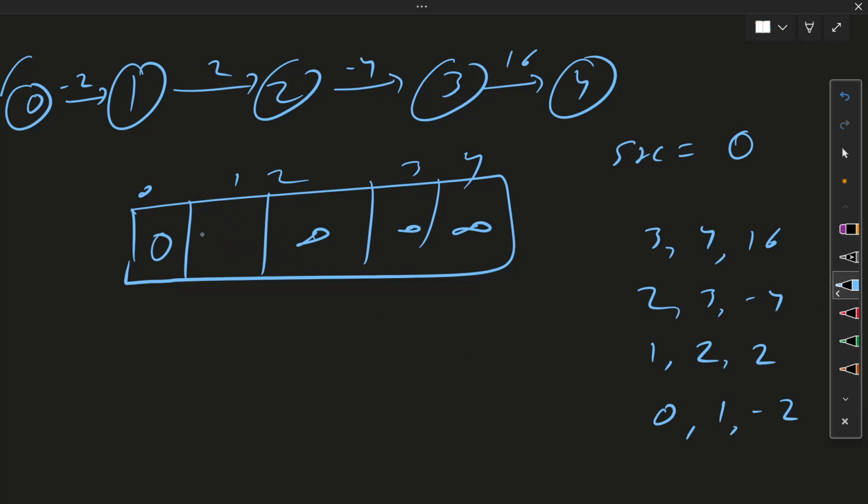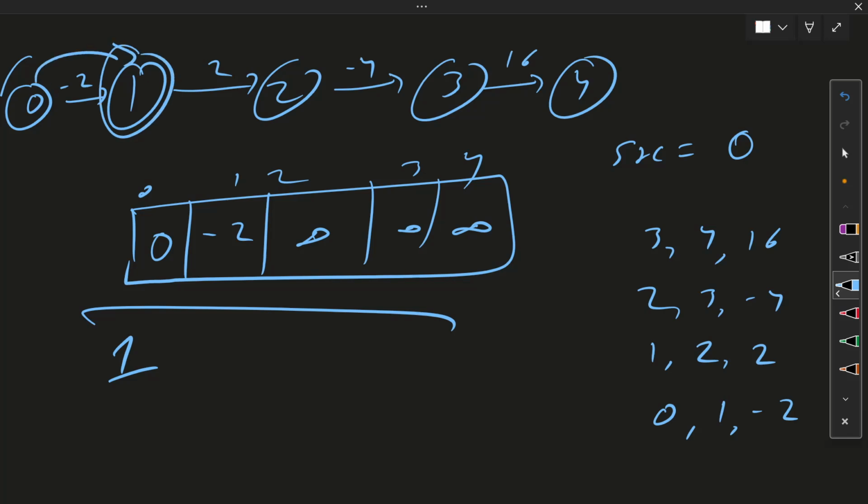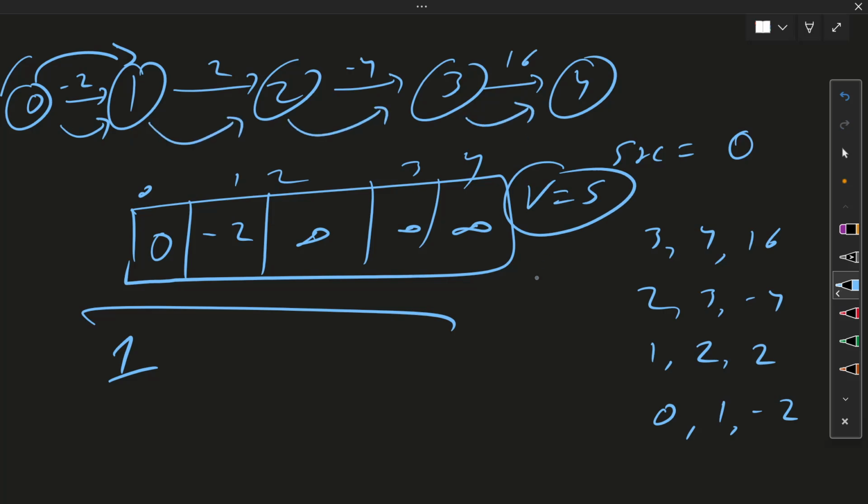Until now we have done one iteration, and we have just reached here. We need to reach till the last node. So we have 5 nodes, so we need to do one iteration, then two iterations, three iterations, then four iterations.